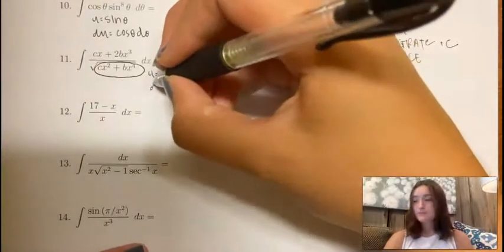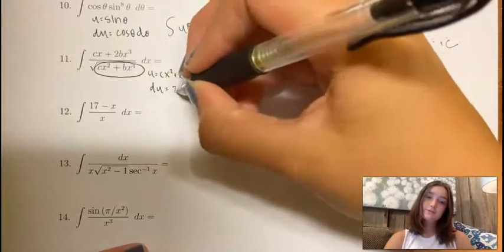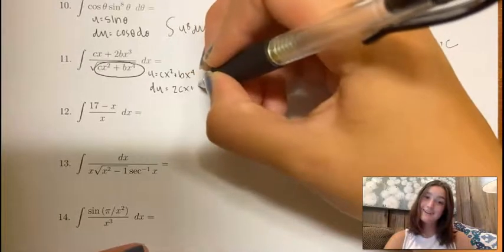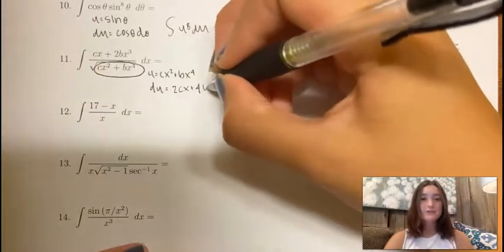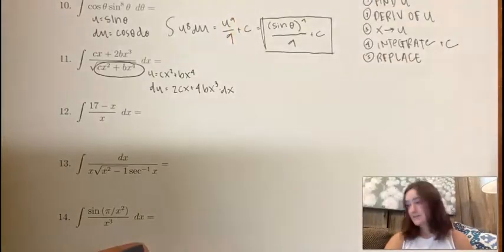And the du is going to be 2cx plus 4bx cubed times dx.